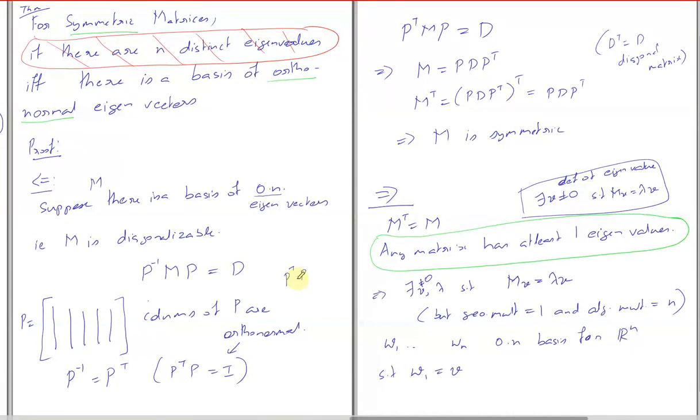Only the diagonal entries will become 1 and everything else becomes 0. So if this is true, then P transpose has to be equal to P inverse. The first time you see it, you might wonder why this is true, but you should get used to it: if the columns are orthonormal, then P transpose equals P inverse.